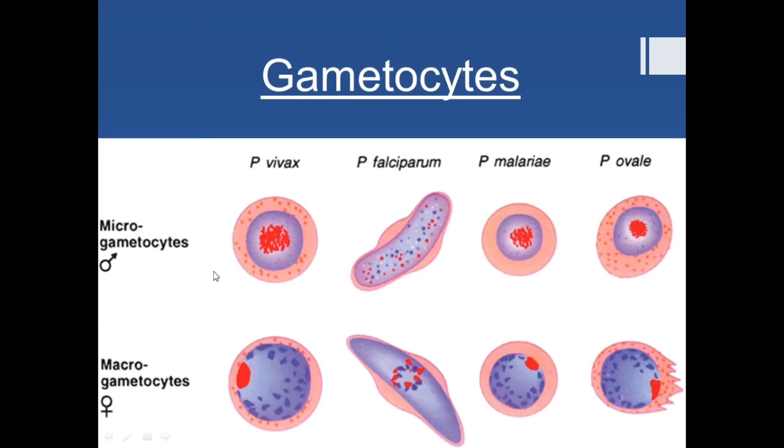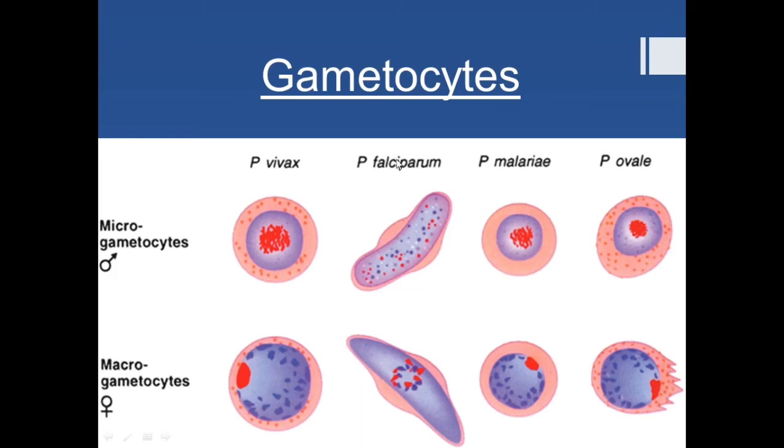How will you differentiate between the different species of Plasmodium? First of all, in Plasmodium vivax, malariae, and ovale, the micro or macro gametocyte will be circular in shape, as you can see here, and the nuclear content will be intact.